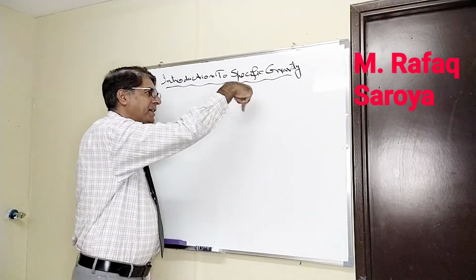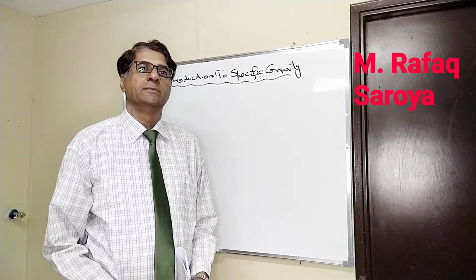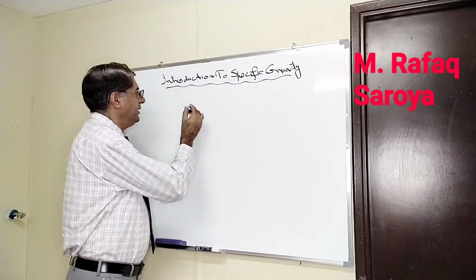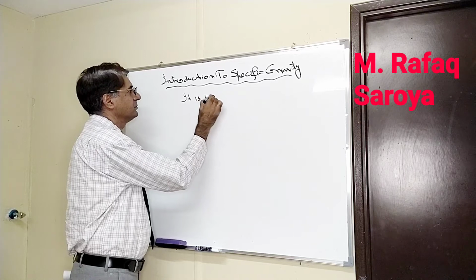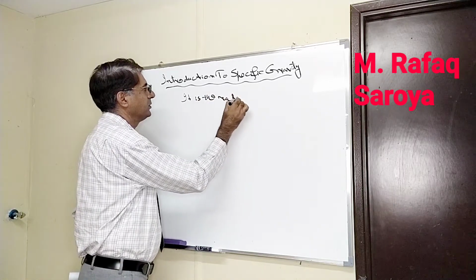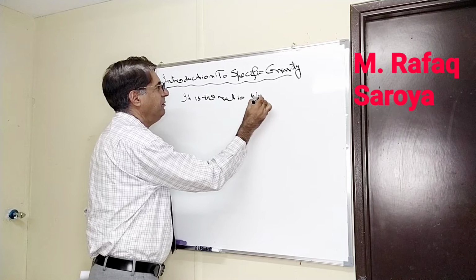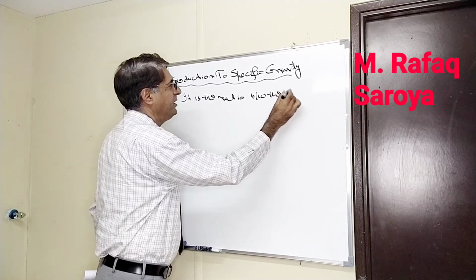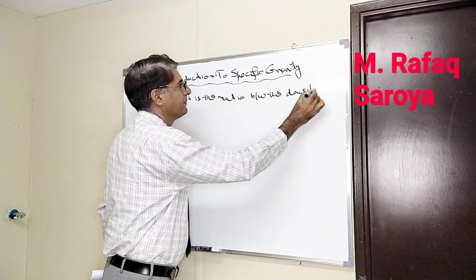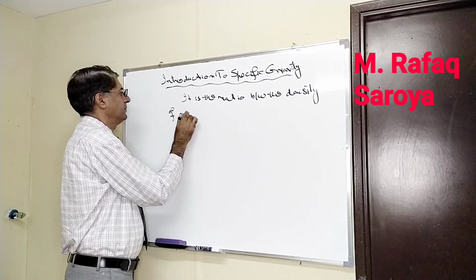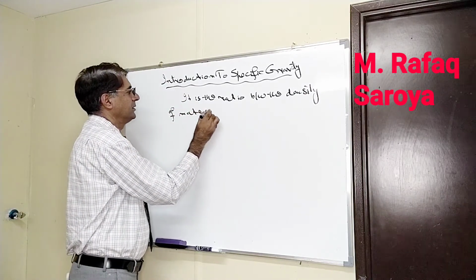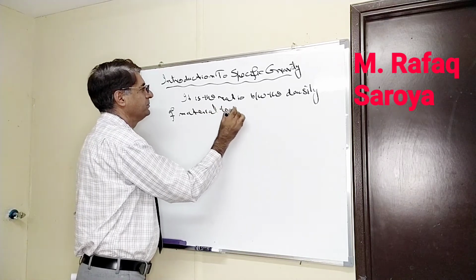So let me tell you what the specific gravity is. It is the ratio between the density of material to the density of water.